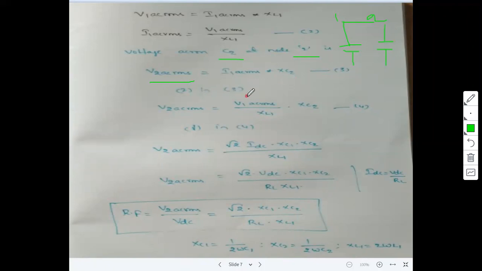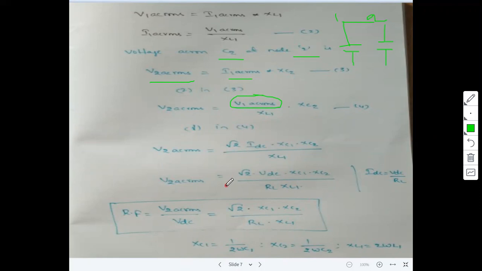Then substitute 2 in 3. Then V2 AC RMS is equal to I1 AC RMS, that is V1 by XL1. Now substitute V1 AC RMS, that is equal to root 2 into IDC XC1 XC2 by XL1.